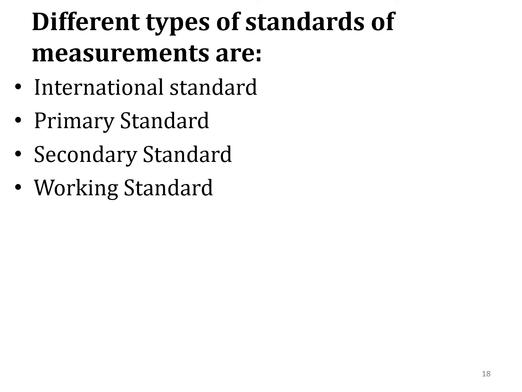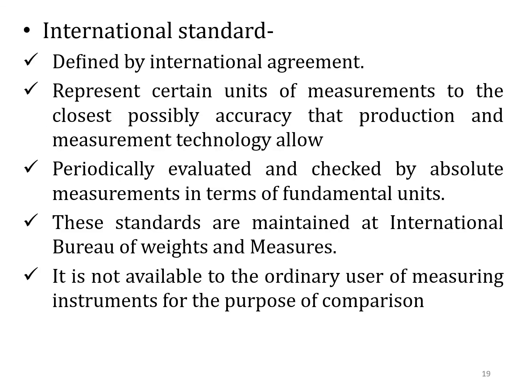Different types of standards of measurement are the international standard, the primary standard, the secondary standard and the working standard. We will study each standard in detail. The first one is the international standard. It is defined by international agreement. It represents a certain unit of measurement to the closest possible accuracy that production and measurement technology allow.